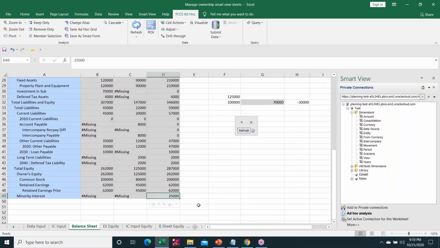And the additional amount, as I have already told you, is that we need to determine the interest of the minority shareholder. So this is how the 25,000 amount is coming, because the parent company has taken the acquisition by 80% only.